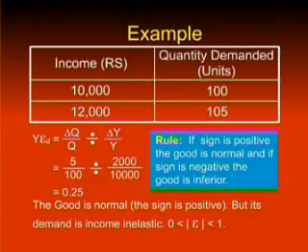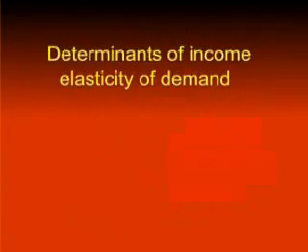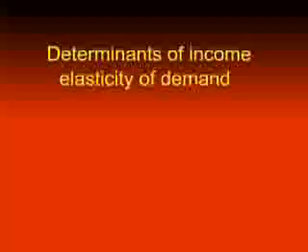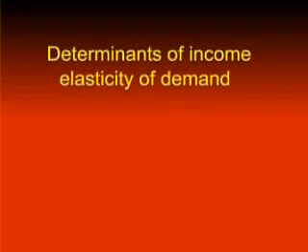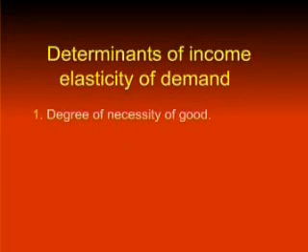So given that understanding of how the income elasticity of demand is computed and how we can interpret it, we can now talk about the determinants of income elasticity of demand. There are basically three major determinants. The first one is the degree of necessity of the good. Now in a developed or advanced economy, the demand for luxury goods expands rapidly as people's incomes rise.